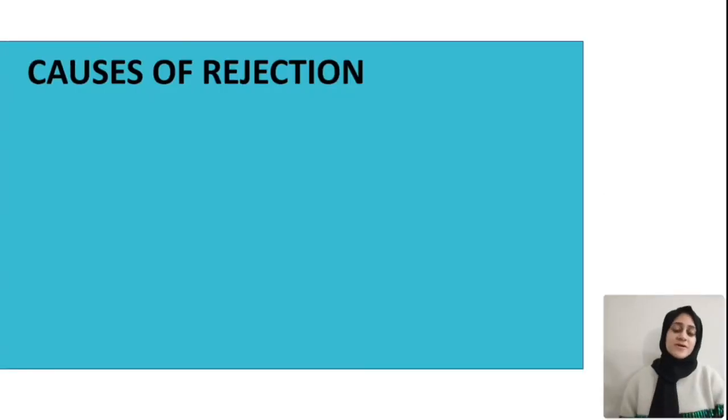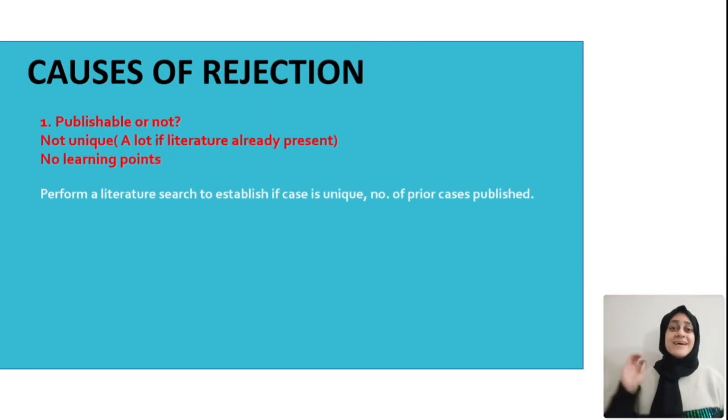So now we'll be talking about some causes of rejection, and we want to make sure we are far, far away from them, so that all the work we put into case report writing is fruitful. Number one cause is: is it worthy of being published or not?